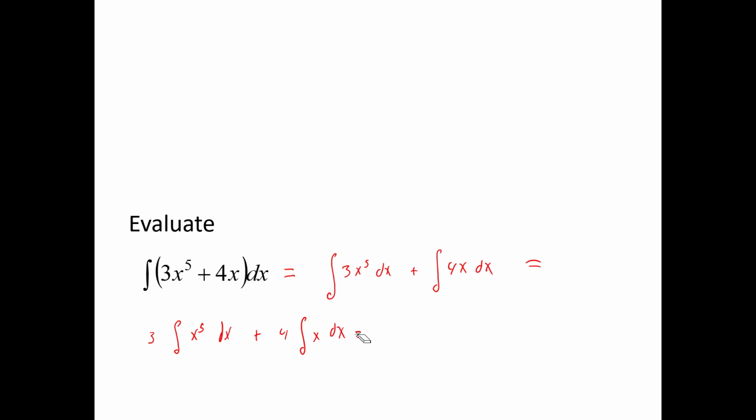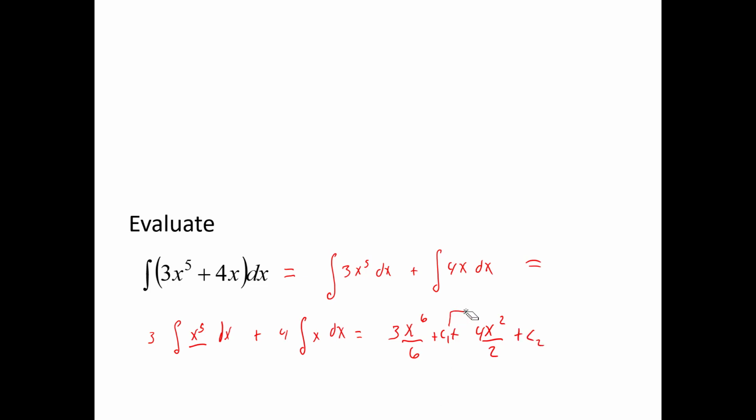And then this is now just a power function that we have a formula for. So we can add 1 to the exponent, x to the 6th, divide by the exponent, but then we have the 3 that was out in front, plus c1. And for the x, the exponent is 1. We add 1 to the exponent, x squared, divide by the exponent 2, and then we have the 4 out in front, plus c2.